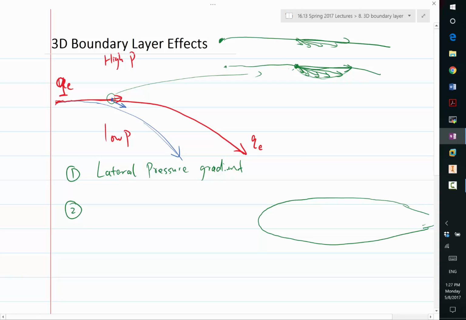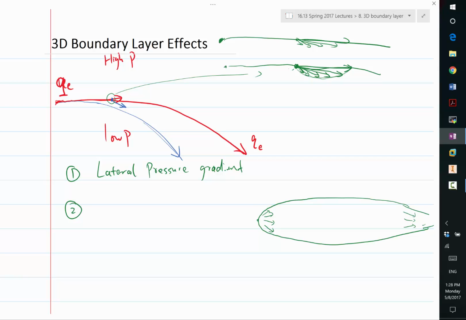Near the leading edge of this axisymmetric body, the streamlines diverge. They move away from each other, even if you look at the inviscid flow. And near the trailing edge, the streamlines converge towards each other.